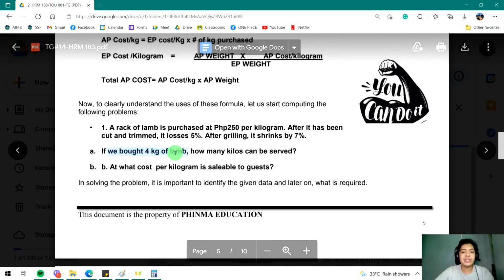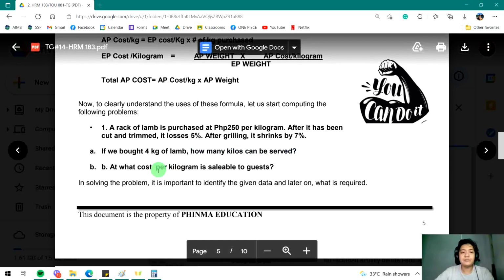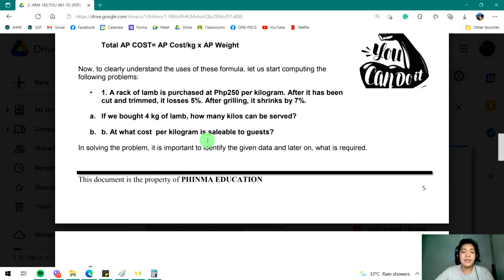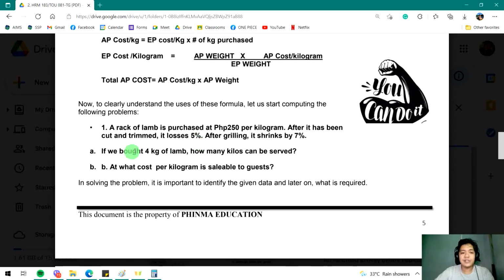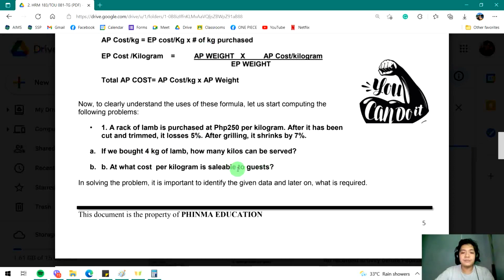If you bought 4 kilograms of lamb, how many kilos can be served? And at what cost per kilogram is saleable to guests? So first question, kung tayo ay bibili ng 4 kilograms of lamb, gaano kadami ang mapoproduce natin na pwede natin i-serve sa guest natin?